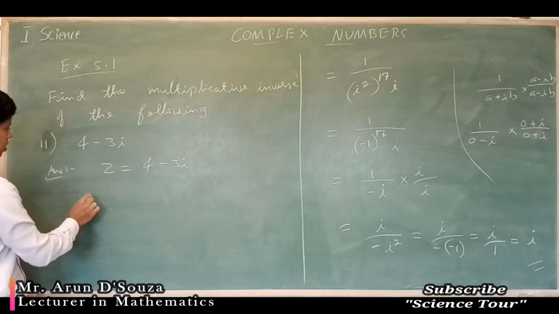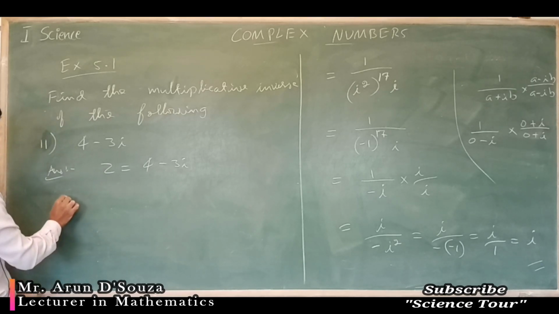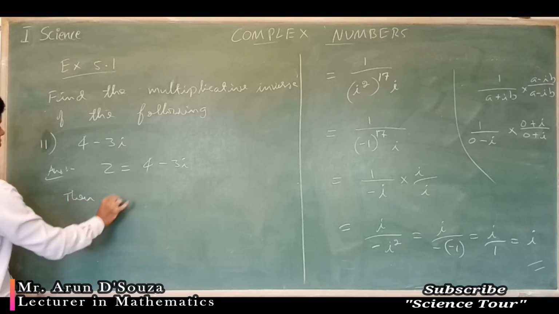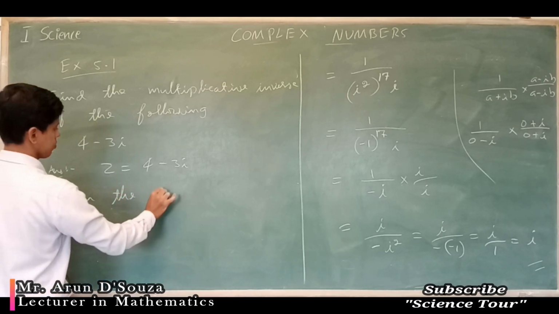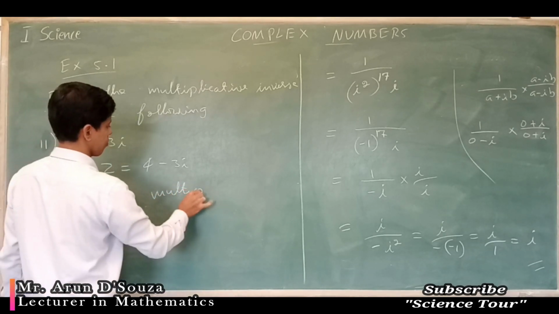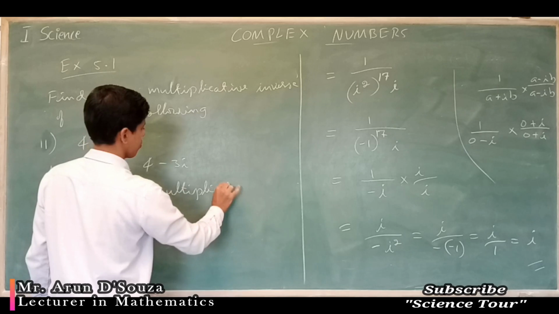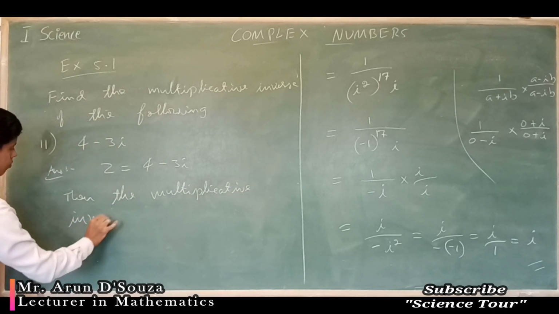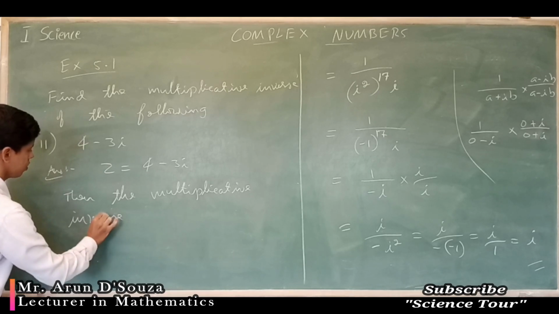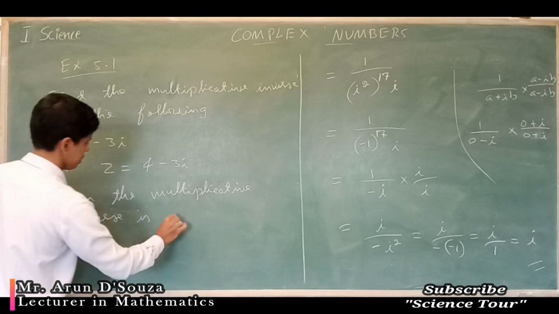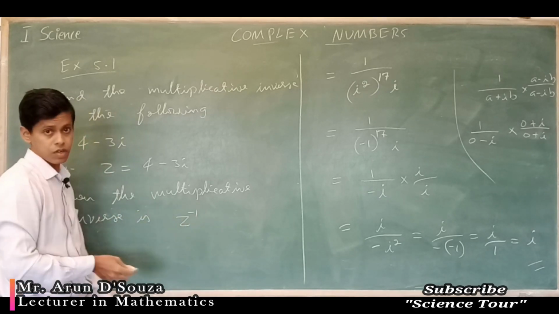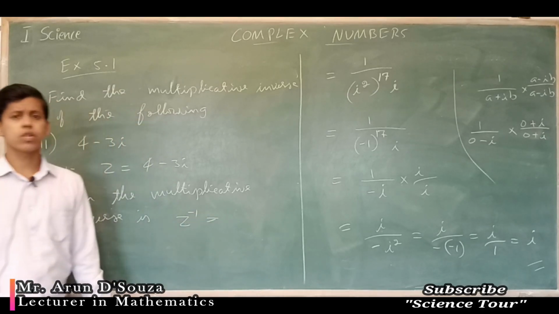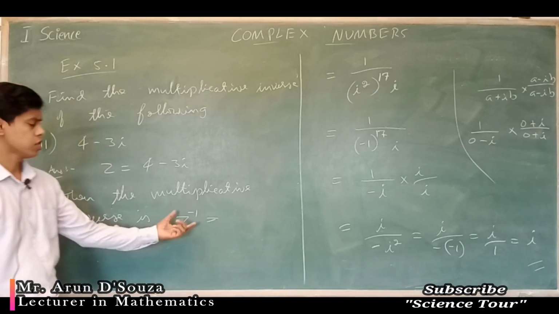Then what is the multiplicative inverse? The multiplicative inverse, Z inverse, is equal to, see, you have to remember the formula here. So what is the formula?